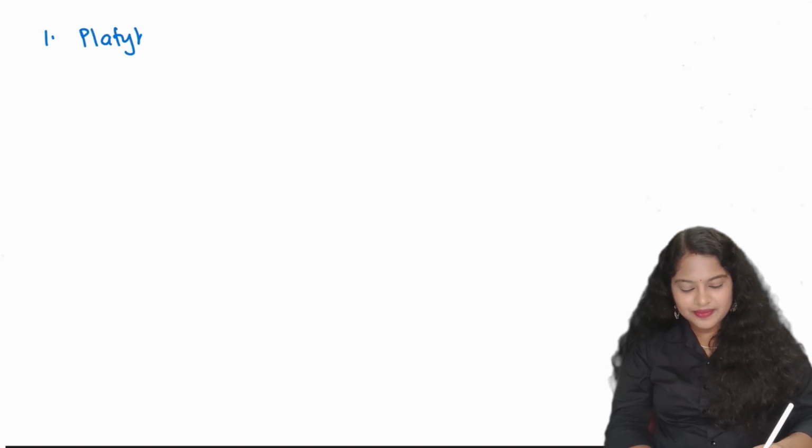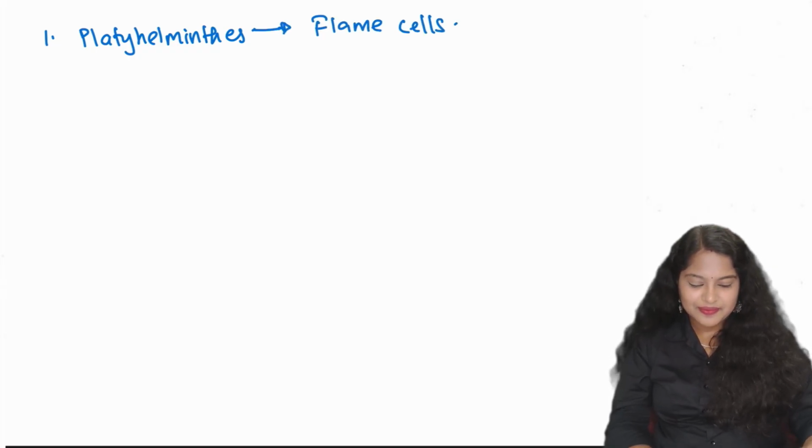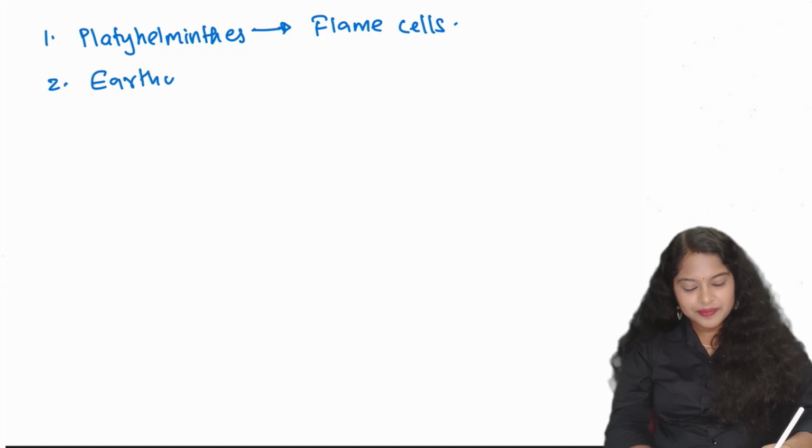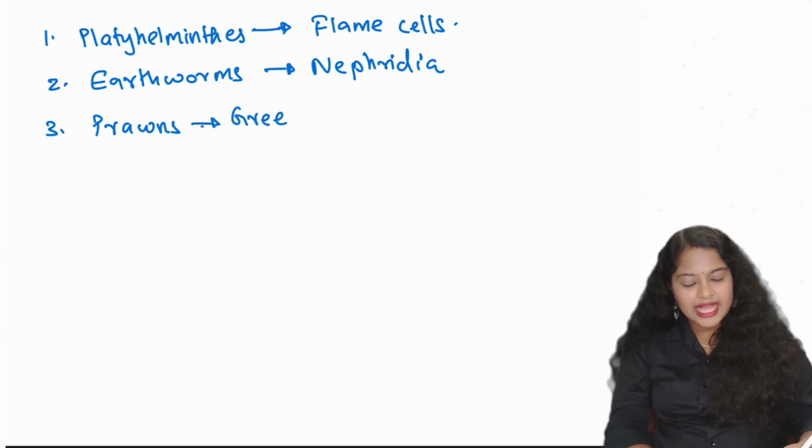The excretory organs of different animals. First one is Platyhelminthes. They have flame cells as their excretory organ. Next, organisms like earthworms have nephridia for their excretion. Then crustaceans like prawns have the green gland, also called the antennal glands, for excretion.